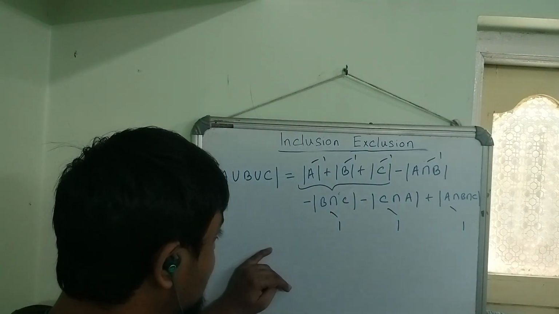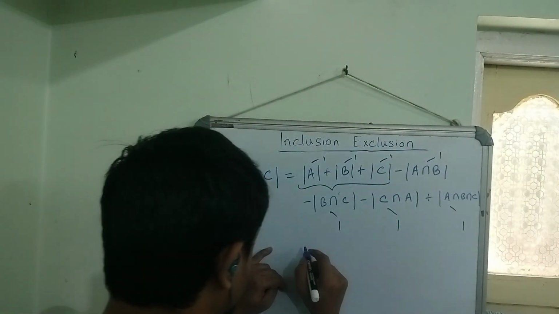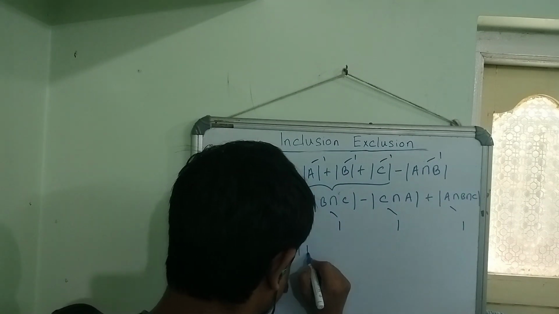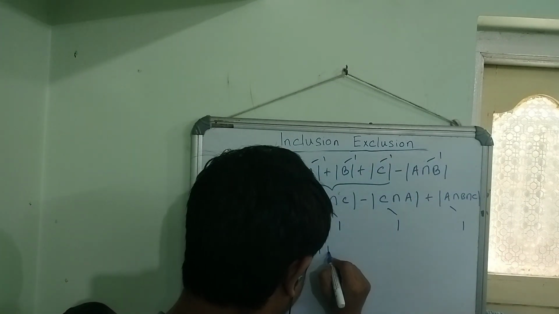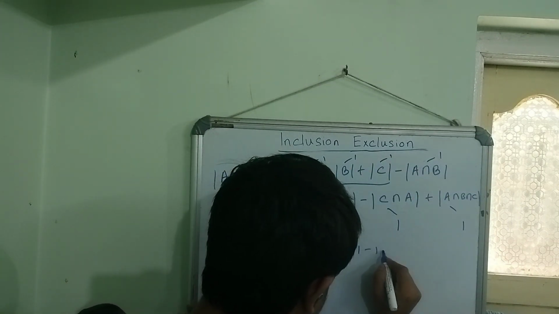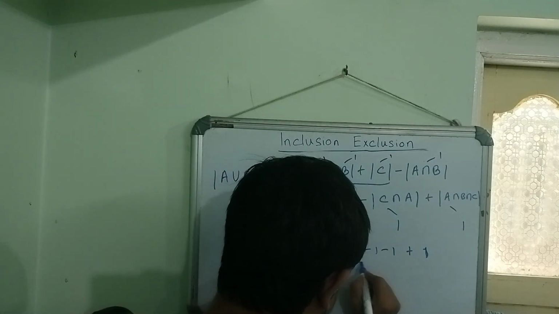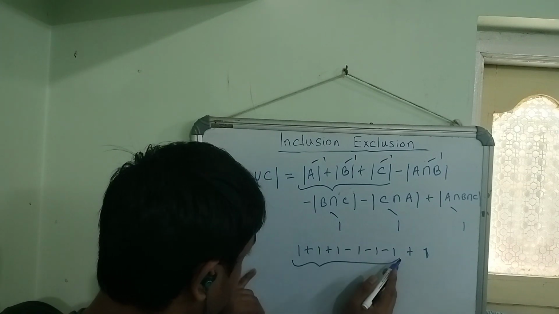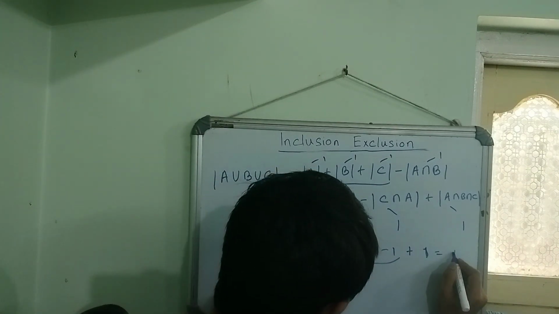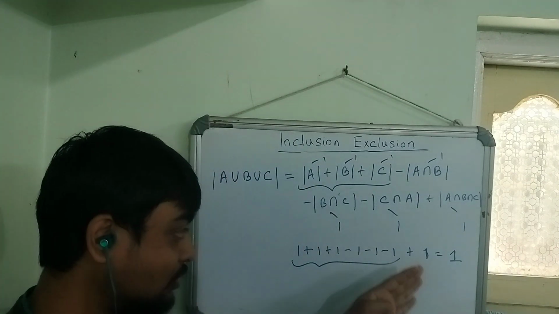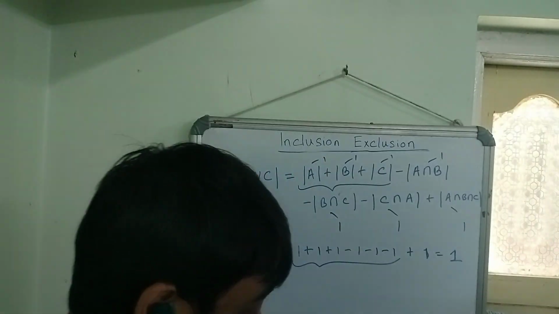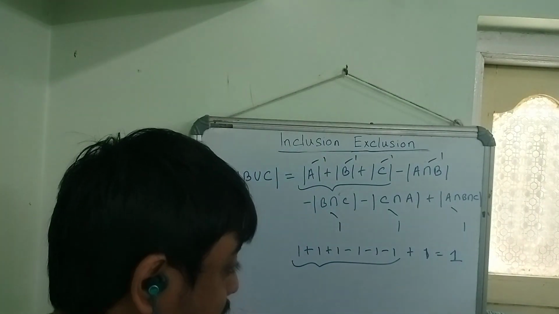So how many times is it counted and deducted? See, 1 plus 1 plus 1 minus 1 minus 1 minus 1 plus 1. So these are 0: 1 plus 3 minus 3, 0 plus 1 is equal to 1. See? So here also each and every element is counted exactly once only.